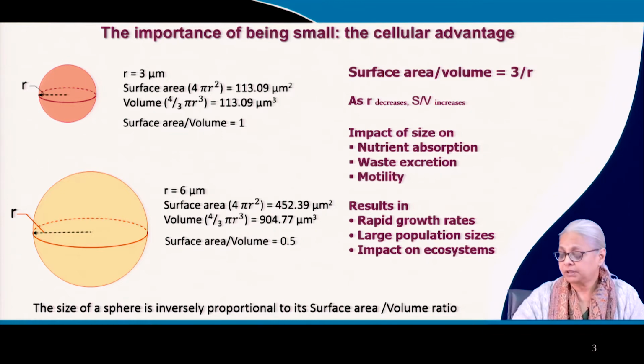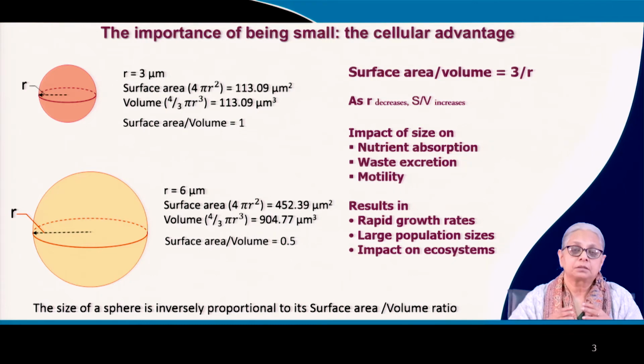So what I have here is an illustration of a coccoid cell. We'll come to more details about that later, but for starting, just to get an idea of the nature of being small and how it works, we're taking a sphere. We're assuming that our bacterial cell is a simple sphere.